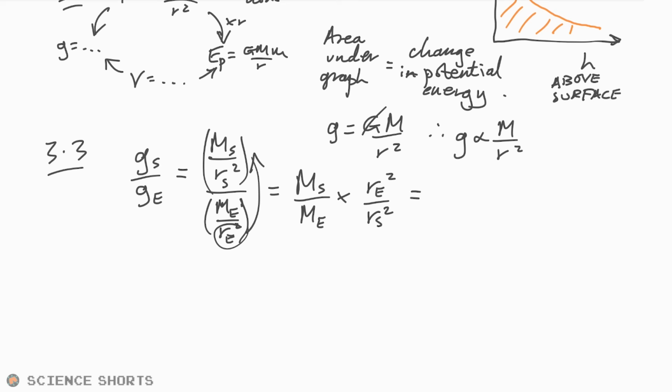And then we can go one step further. We can say that's the ratio of their masses times the ratio of the distances all squared. So that makes things a little bit easier. It so happens that in this case we are talking about the radius of the Earth, aren't we? Because we're talking about the ratio at the Earth's surface. So that's kind of nice.